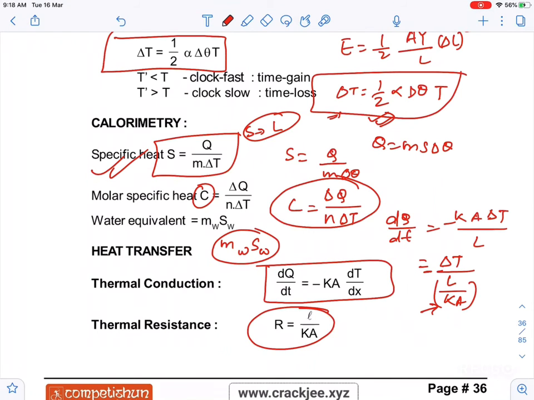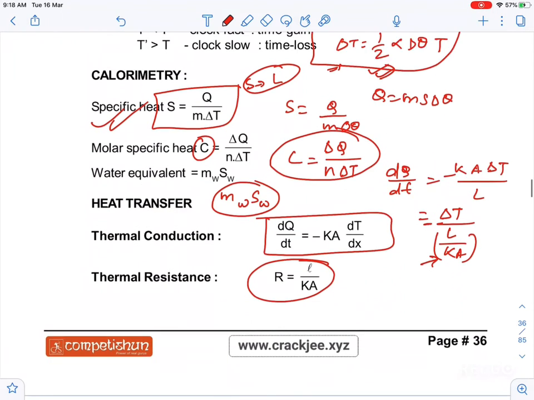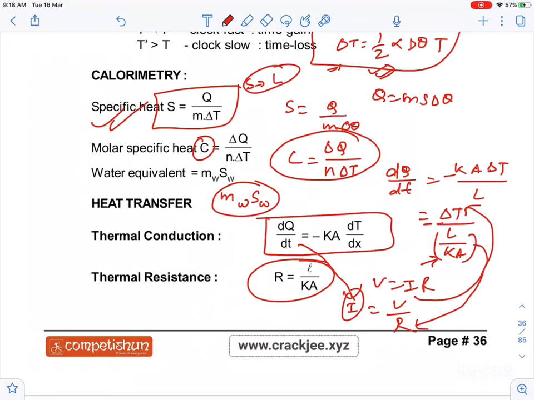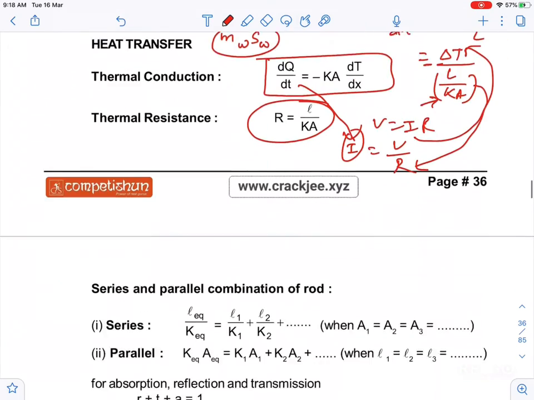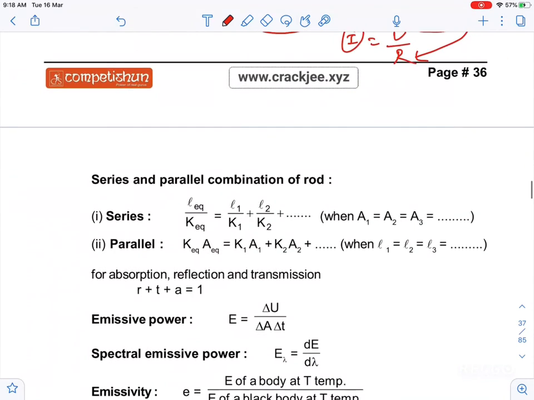This L by KA is known as thermal resistance. I have written R is equal to L by KA. Now guys, this I have related with Ohm's law. Actually V is equal to IR, so I can be written as V by R now, guys. So this temperature difference is same as potential difference, L by KA is same as resistance, and I is dQ by dt, guys. Okay, so this can be related with these things also.